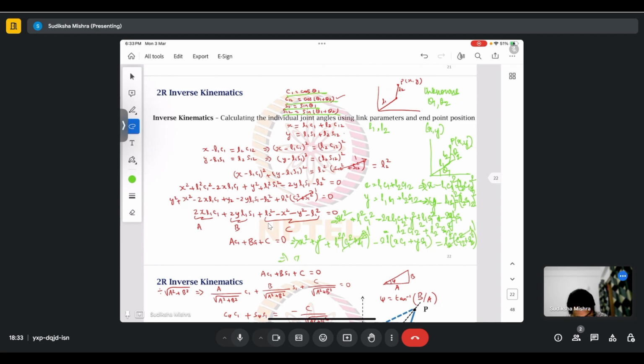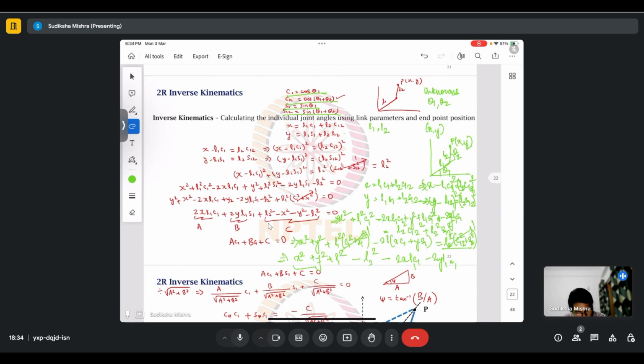So you end up with x square plus y square plus L1 square minus L2 square, you get the L2 to this side, minus 2x L1 C1 minus 2y L1 S1 equals 0.